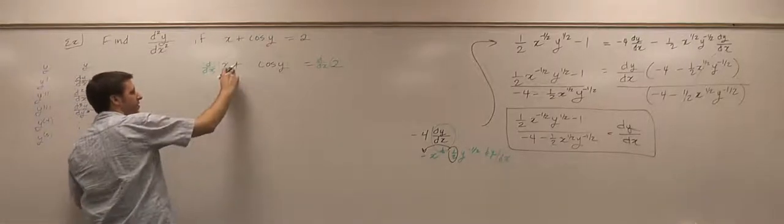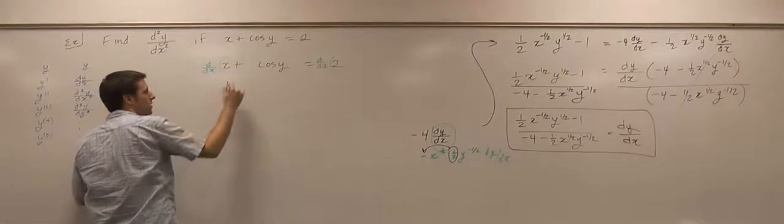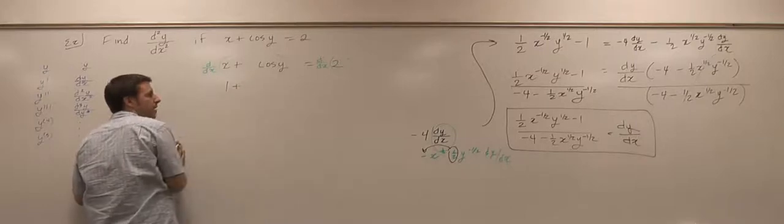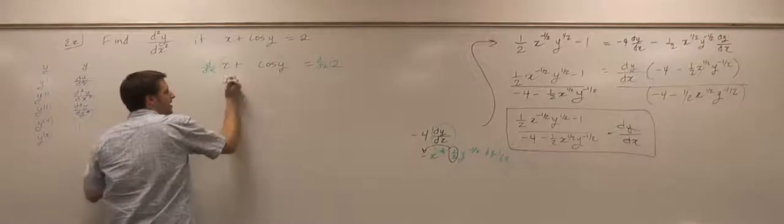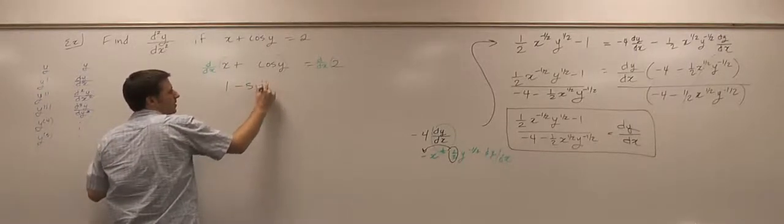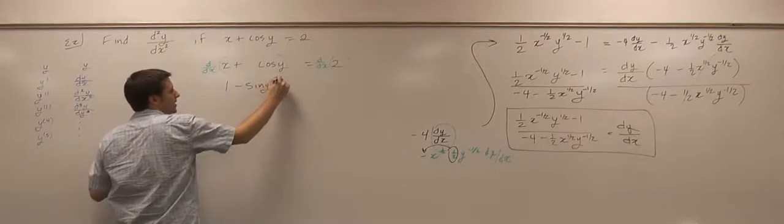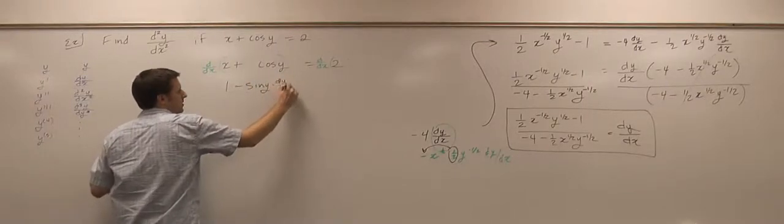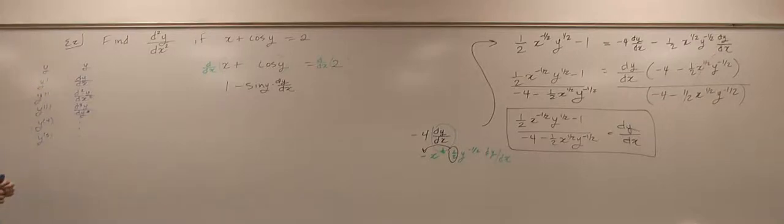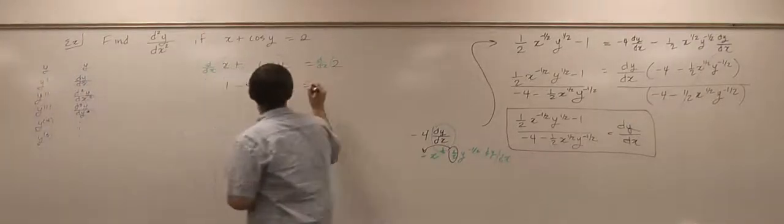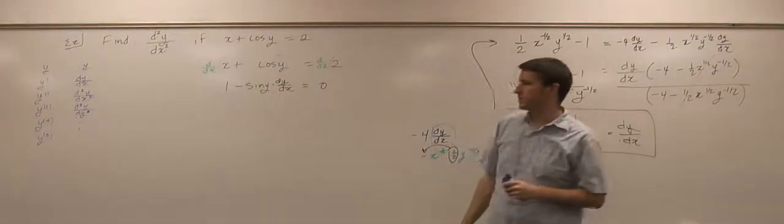On this side, derivative of x with respect to x is 1. Derivative of cosine y is what? Negative sine y dy dx. So that's equal to 0, right? Derivative of a constant.